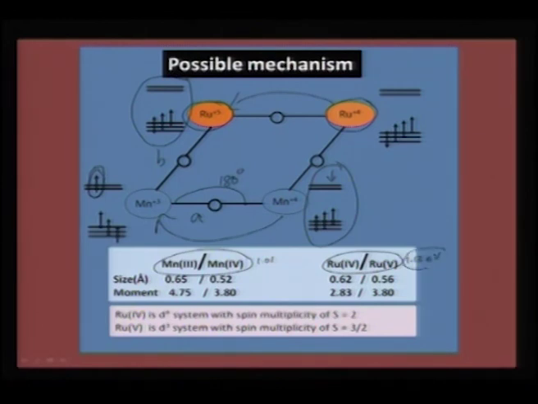Therefore, because of the matching redox potential, whenever you put ruthenium 4 plus into manganese, it immediately promotes to ruthenium 5 plus. So even though manganese 4 plus is getting reduced to manganese 3 plus, you are creating another site for this electron hopping to occur. As a result, ferromagnetism can be substantiated.